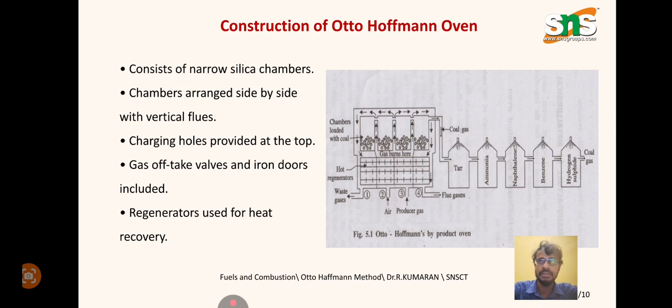The Otto-Hoffmann byproduct oven is designed to produce coke, based on the regenerative principle of fuel economy. For example, heat produced in the process does not go to waste, rather it is reused in the process itself.